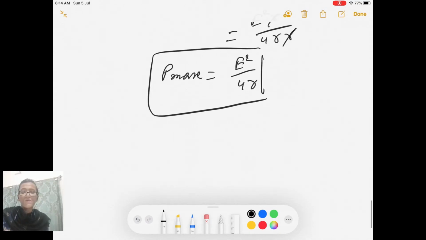So from here, what is the maximum efficiency of a source of EMF?